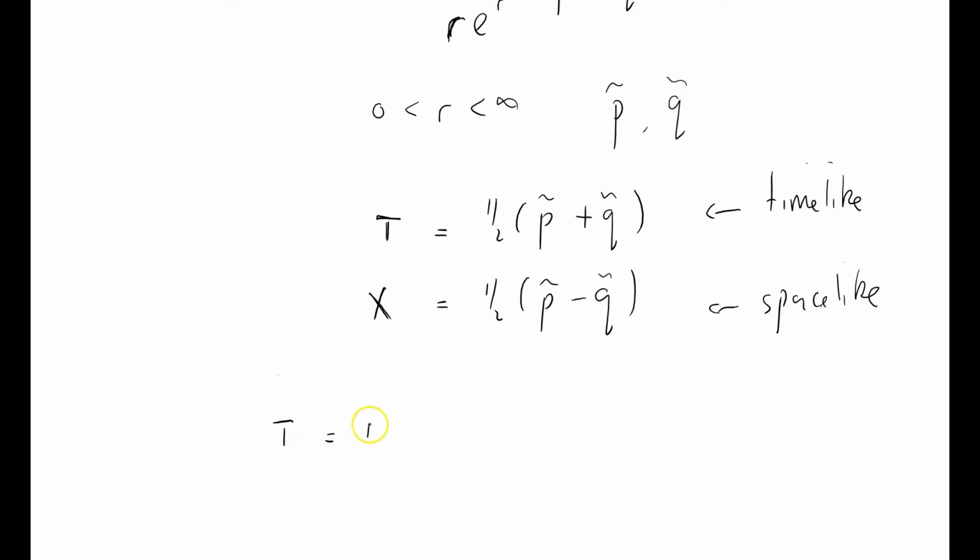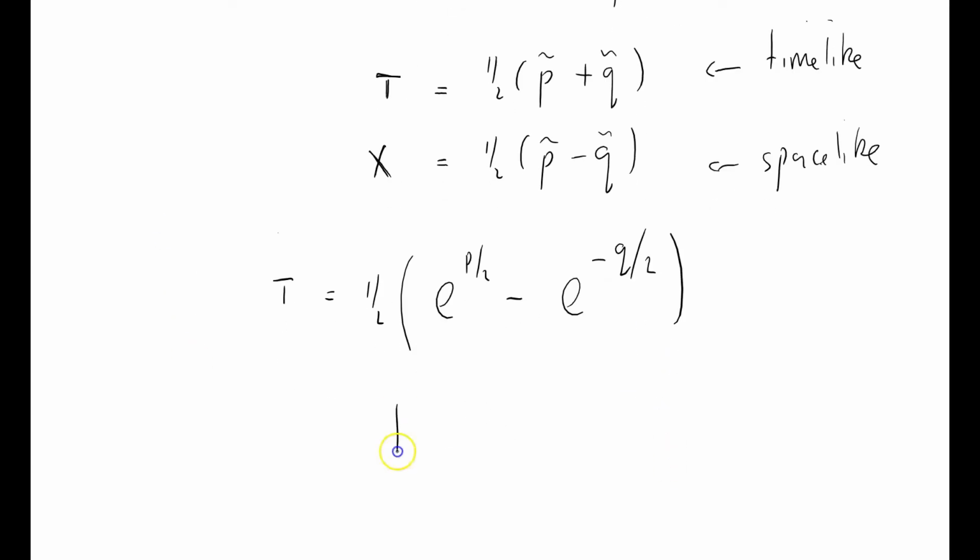t equals a half, and then P twiddles was e to the P over 2, and Q twiddles was minus e to the minus Q over 2. What was P equal to? Just looking through my notes here, P was equal to t plus r plus log mod r minus 1.